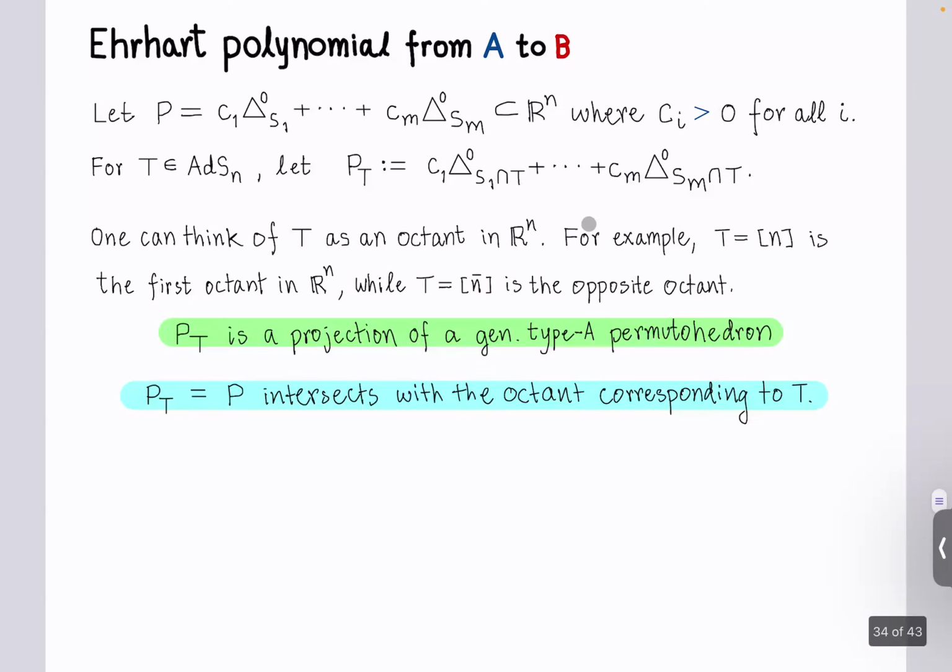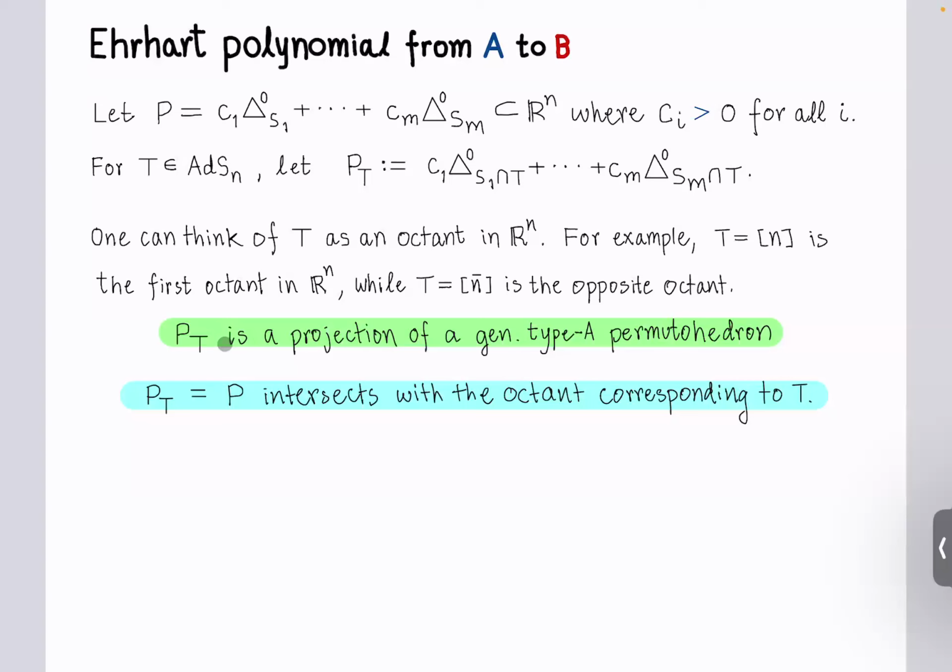And one can think of T as an octant in R^n. For example, if T is equal to the set 1 all the way to n, then it corresponds to the first octant where every coordinate is positive. While when T is equal to 1 bar all the way to n bar, then it's going to be the opposite octant where every coordinate is negative. And here are two important observations.